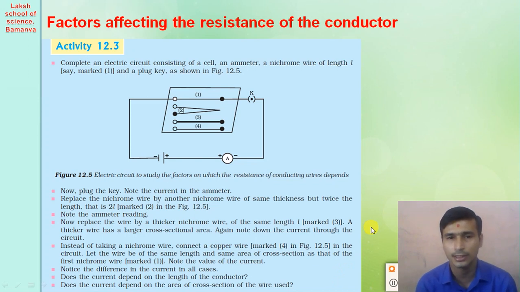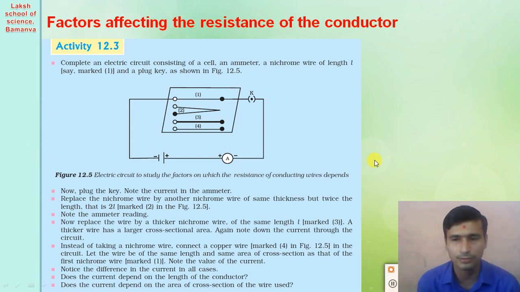The current passing through the circuit increases, so we can say that the resistance of the thicker wire is smaller than the resistance of the thinner wire. So as the resistance of the thicker nichrome wire is smaller, the electric current passing through the circuit increases, right? So we can say that the thicker wire has a smaller resistance compared to the thinner wire.